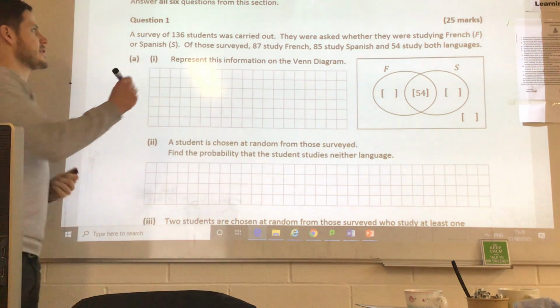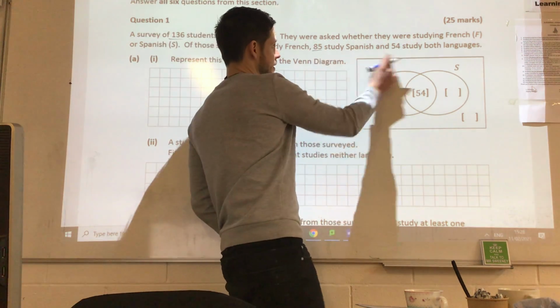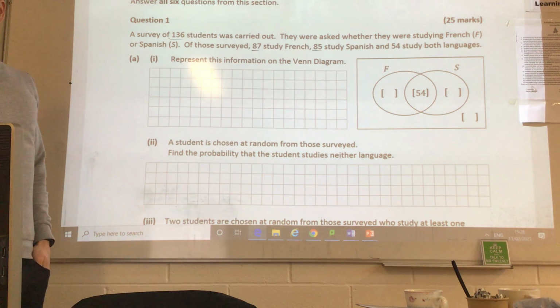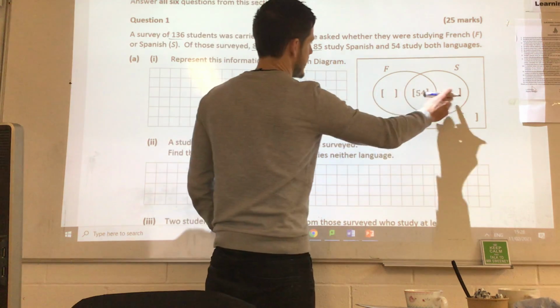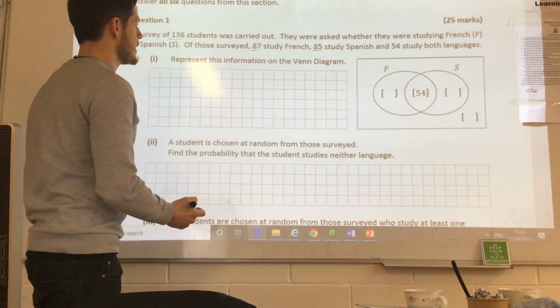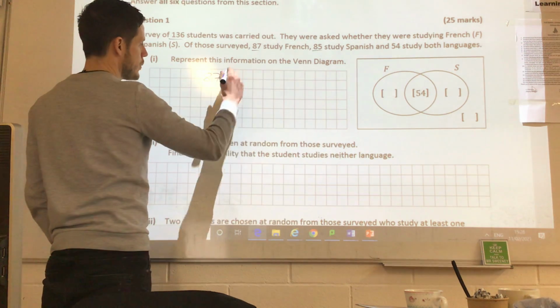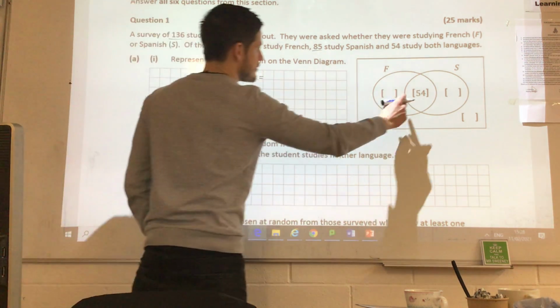So there's a few important figures. We've got 136, we've got 87, we've got 85. We've already used 54 there. What we need to do now is figure out how many study French and how many study Spanish. Quite easy. It says that 87 studied French, but we know that 54 studied both French and Spanish.